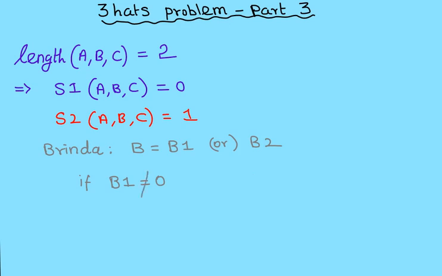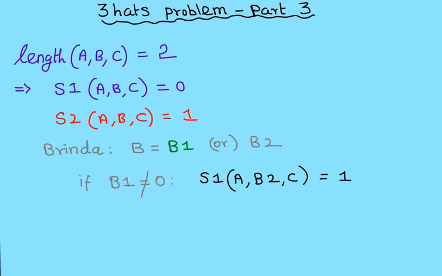Suppose B1 is not equal to 0. Then she checks both B1 and B2 to see whether one of them can be eliminated. Assume that the claimed number is B1. Then that means B2 has been eliminated. That is, S1 of statement 1 is 1 when B is equal to B2, that is, S1 of A B2 C is equal to 1.